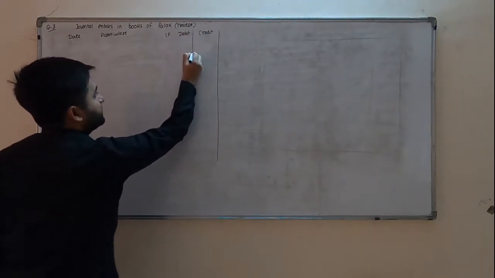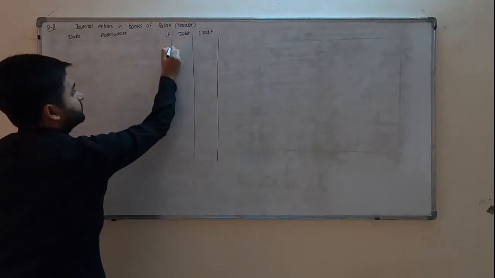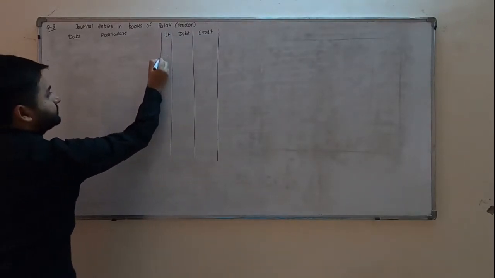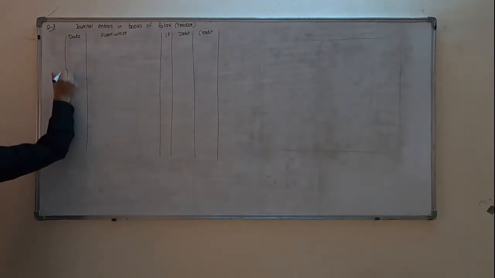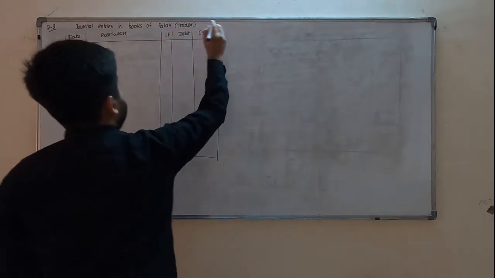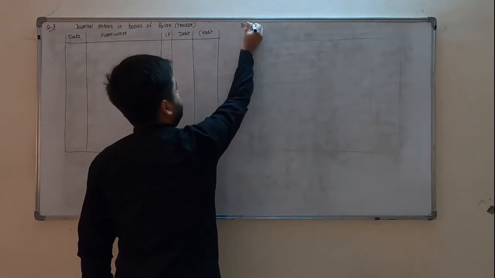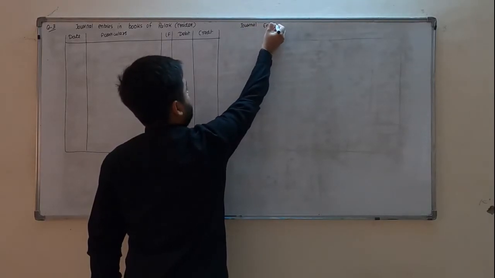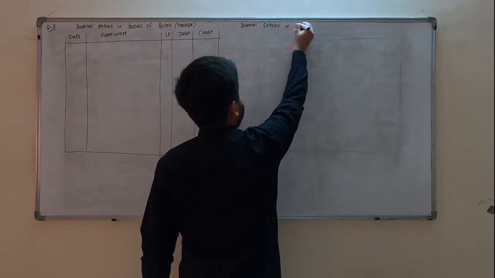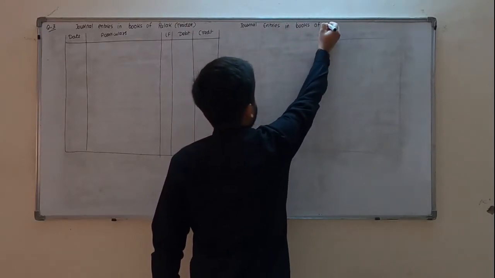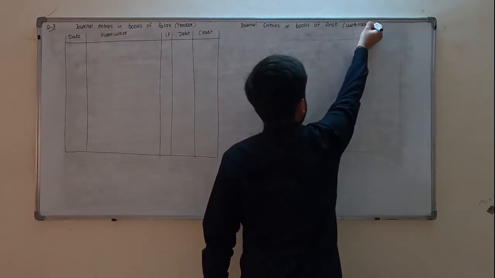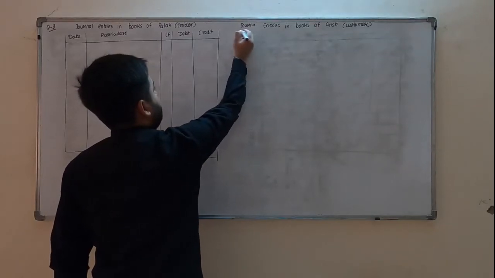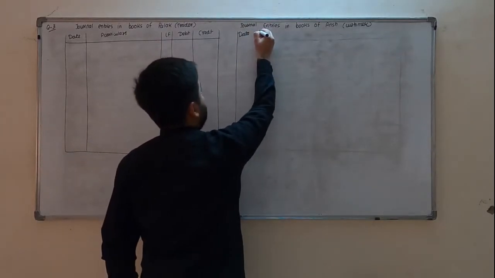Again draw it for 12 lines only. Okay, now journal entries in books of Ansh. Ansh is the customer. Here the lines are not required, it is as per our requirement.